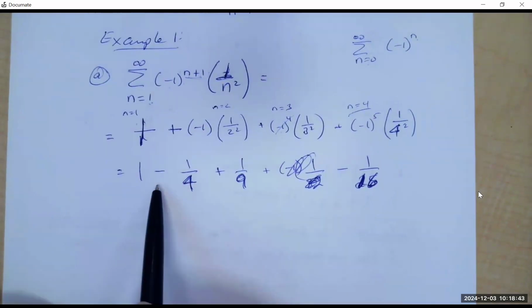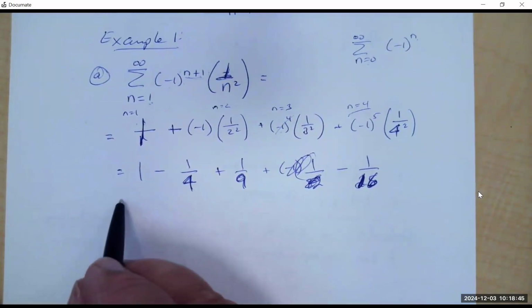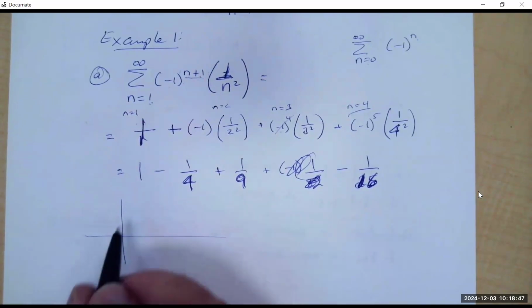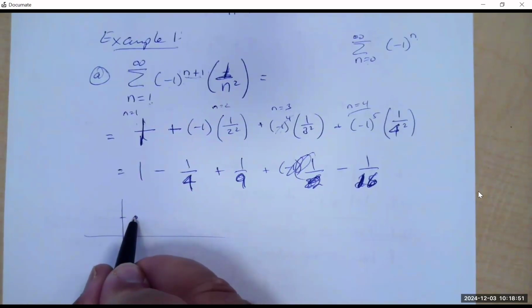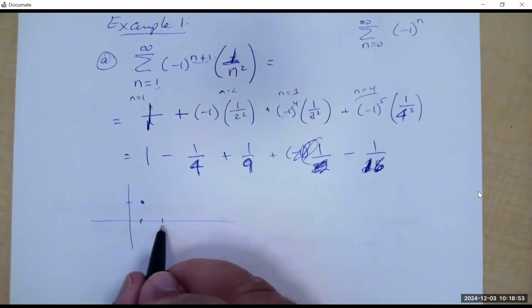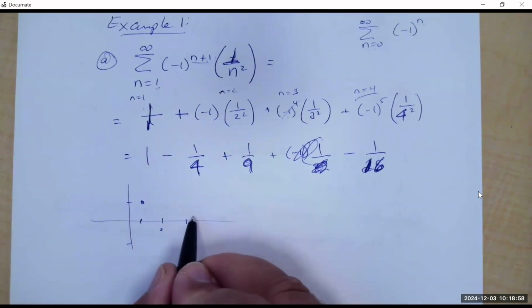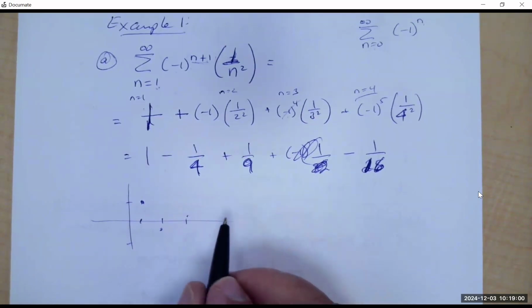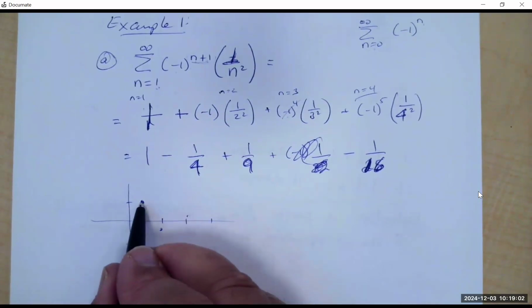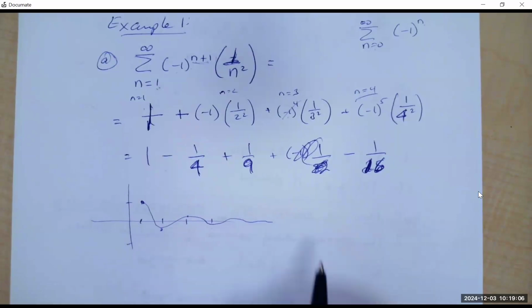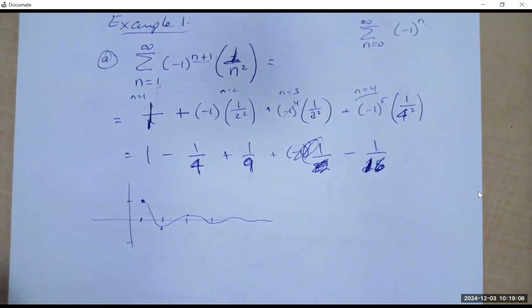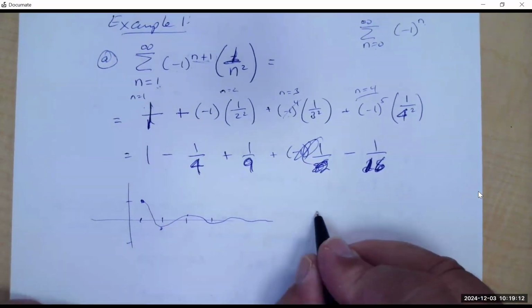Look at the numbers. If we looked at this in a graph, when n is 1, it's 1. When n is 2, it's -1/4. When n is 3, it's positive 1/9. When n is 4, what's happening is the sequence is doing that. It's what's called dampening. So this converges.